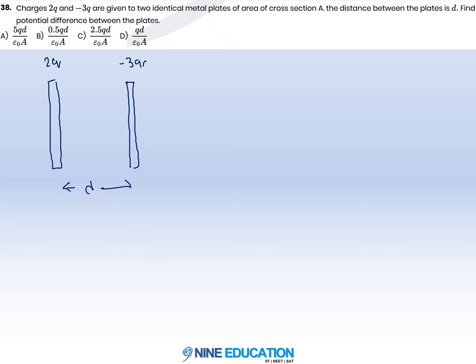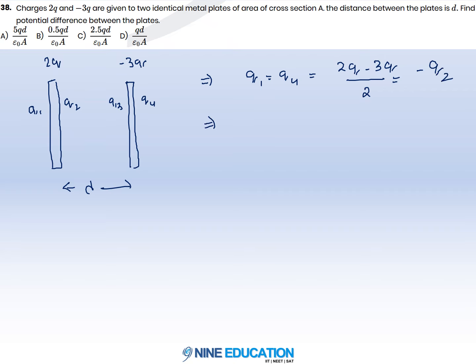If you give charge to two parallel plates, then on the outer surfaces the charge is the average of the total charge. So we call the surface charges q1, q2, q3, q4. Here q1 equals q4, which is the average of the given charge, so we get minus q by 2.